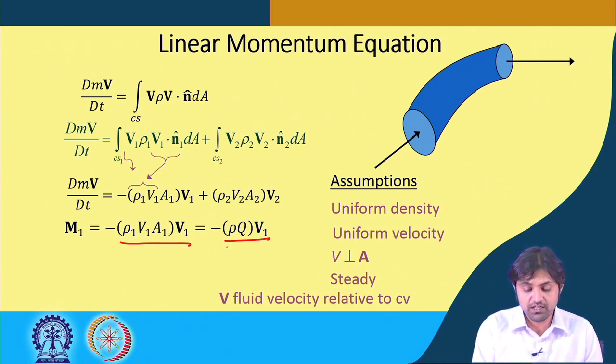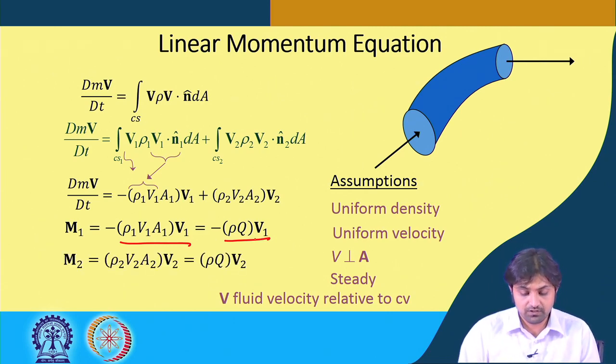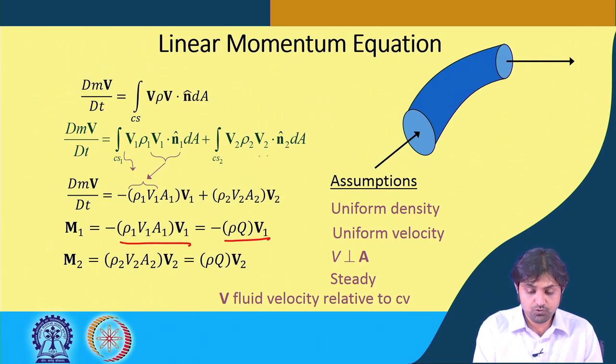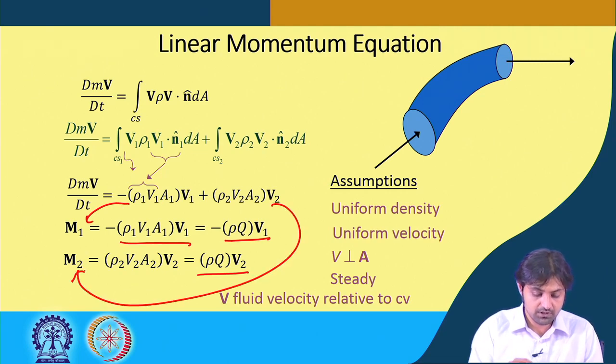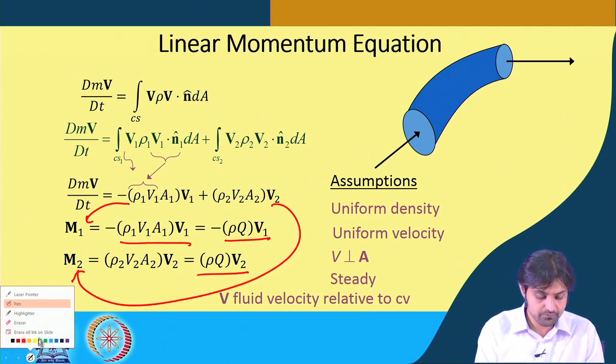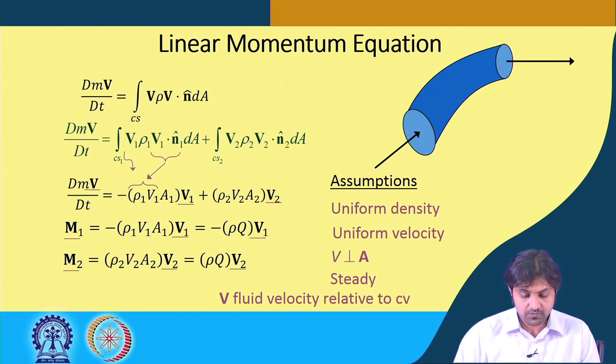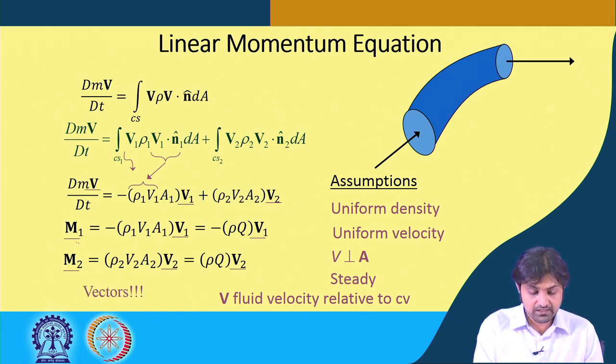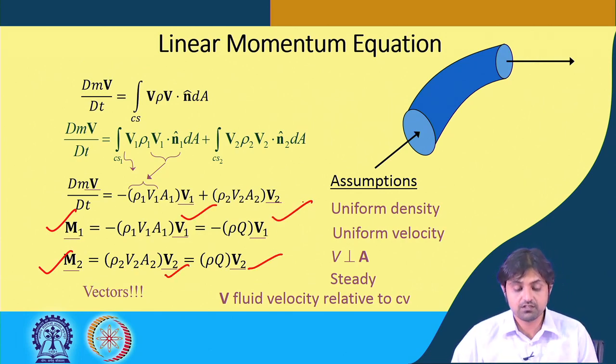Similarly, M2 can be written as rho 2 V2 A2 into V2, or rho q V2. These M1, M2, V1, V2 all are vectors.